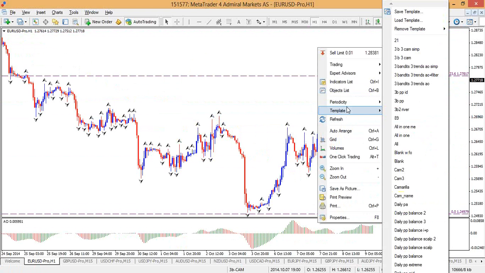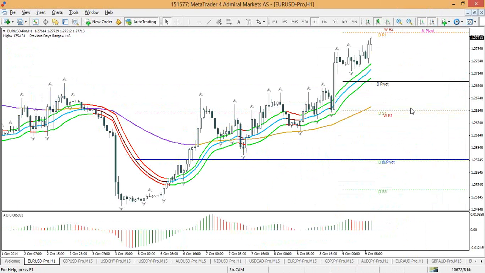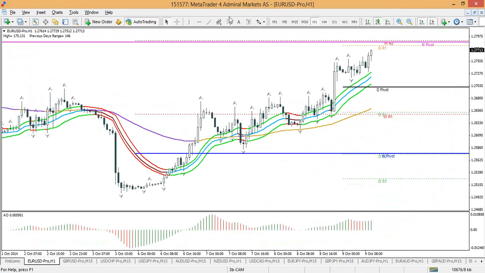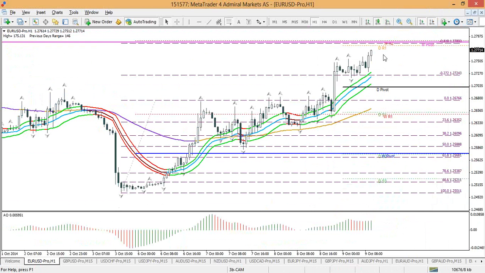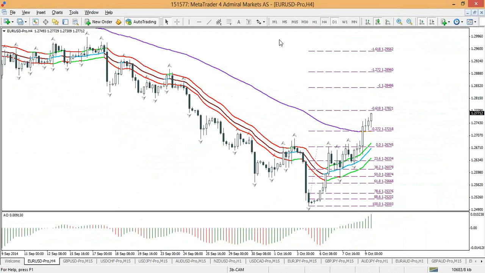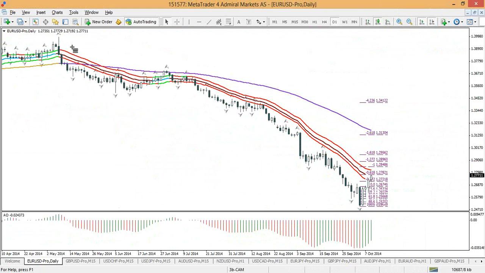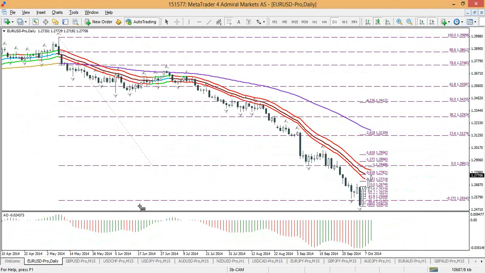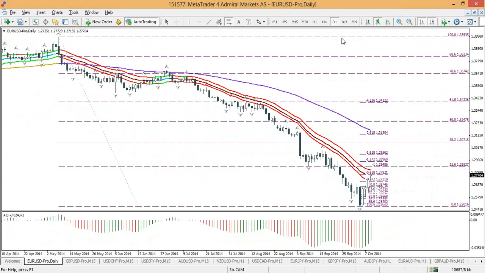There is a daily pivot point, yes, exactly. But there's also other things. There are a lot of things. There's a daily R1, a weekly R2, a monthly pivot point. There is a minus 618 target, and there is the 23.6 fib of this entire downside.